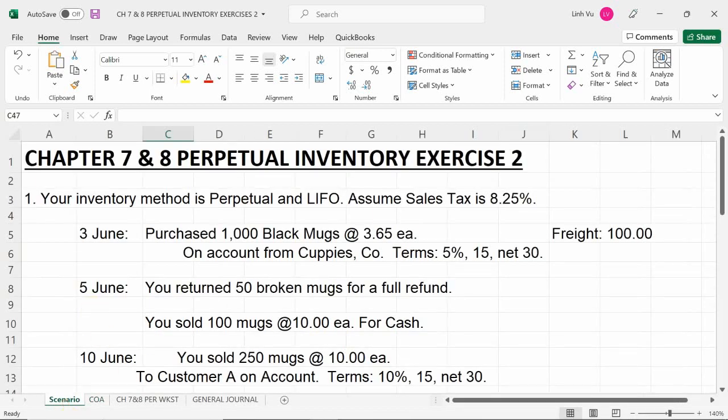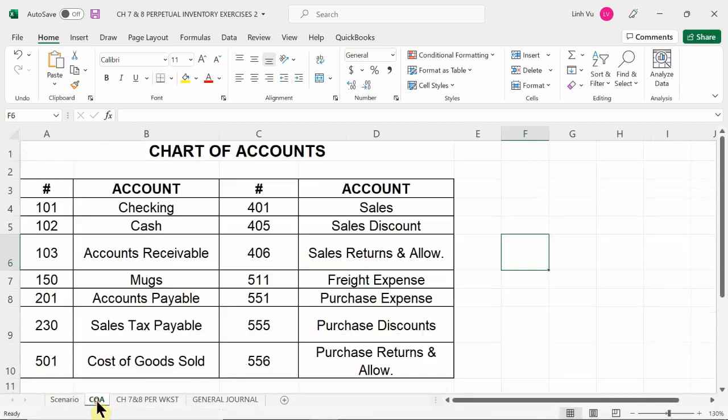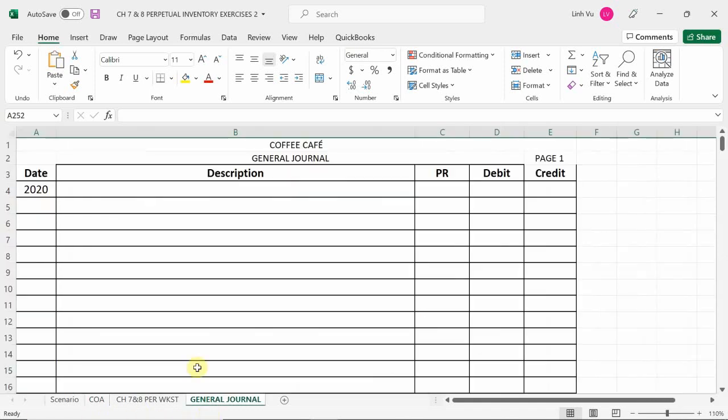Accounts payable and mugs. Good, perfect. So again, you're going to debit mugs, the inventory, and you're going to place it on account.